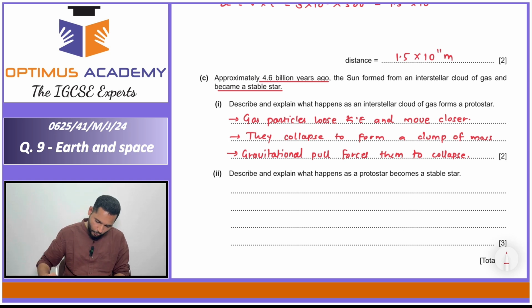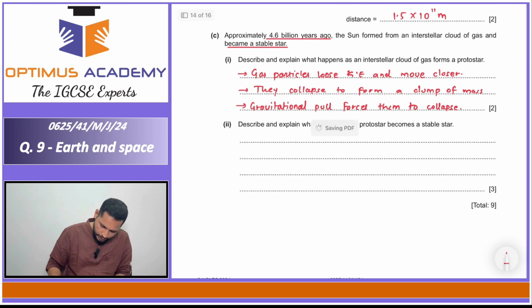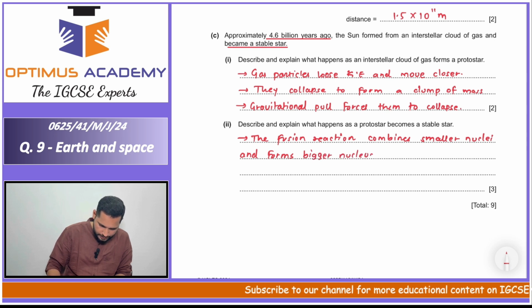So what can we write as pointers in this answer? We can say that the fusion reaction combines smaller nuclei and forms a bigger nucleus.